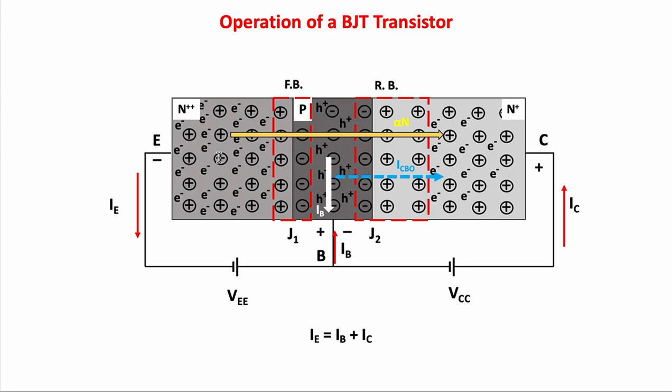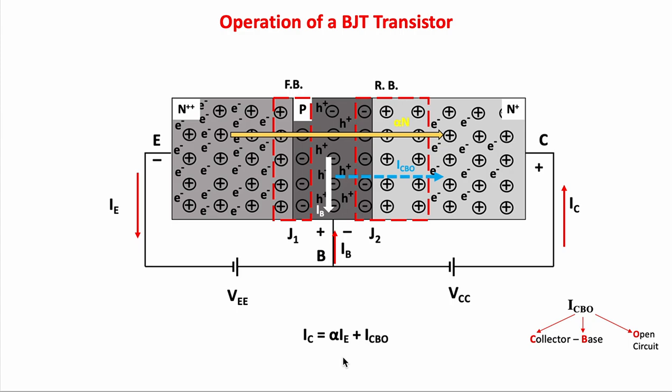The electrons leaving the emitter create the emitter current, IE, and the current leaving from the base is the base current, IB. From Kirchhoff's nodal theorem, the total current entering a node equals the total current leaving it. If we think of the transistor as a node, that gives us IE equals IB plus IC.